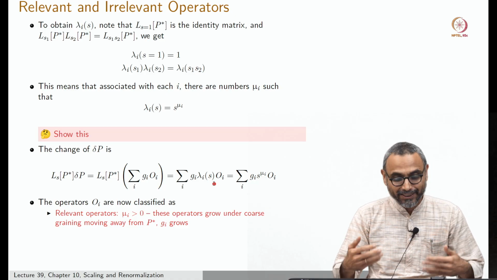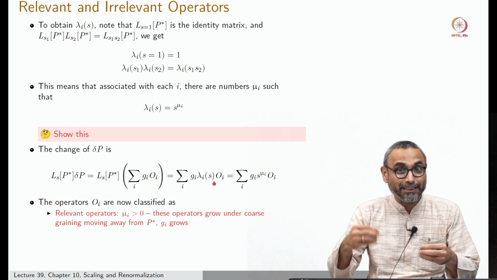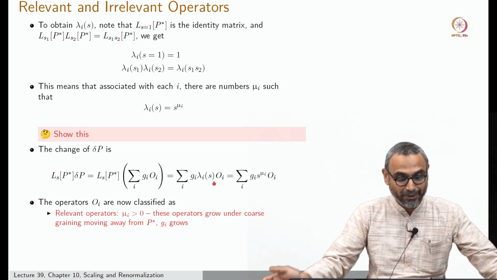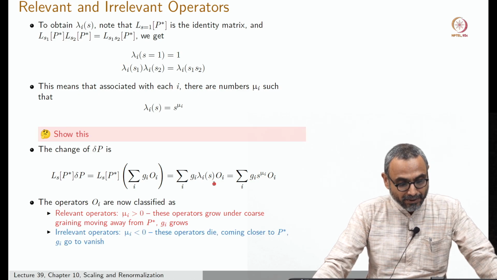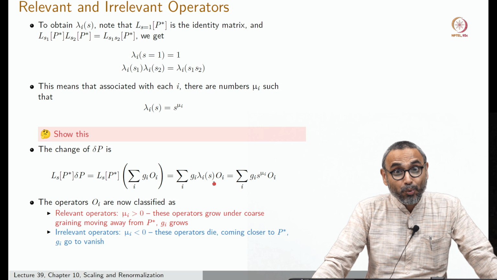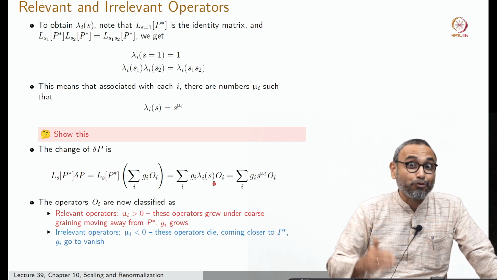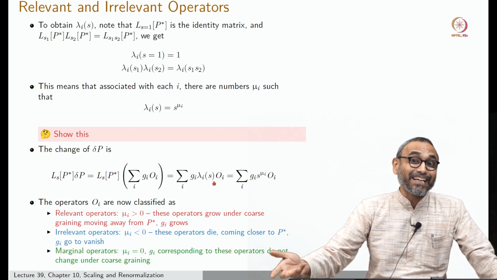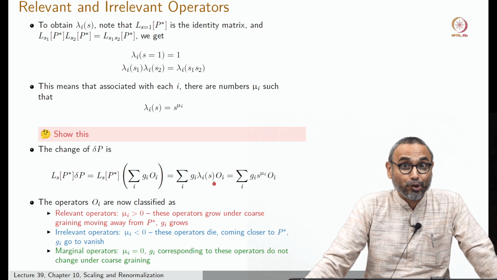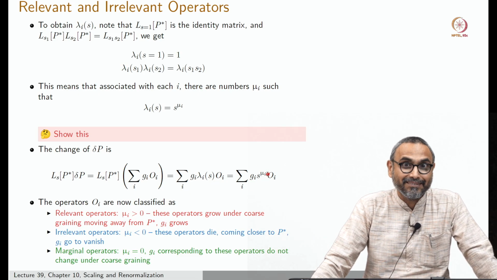If mu I is positive, S to the power of a positive number will start to grow. And if mu I is less than 0, it will start to fall, right? And if mu I is 0, then it will not grow; it will be 1.